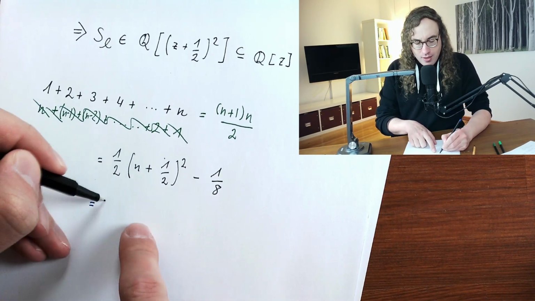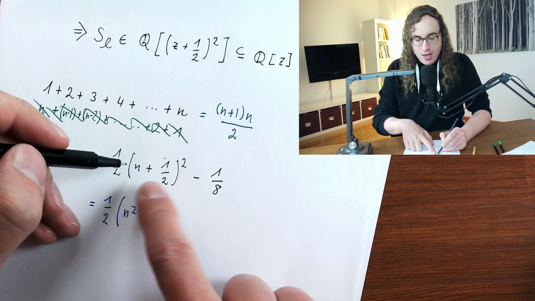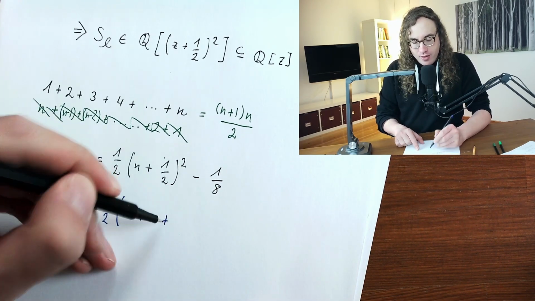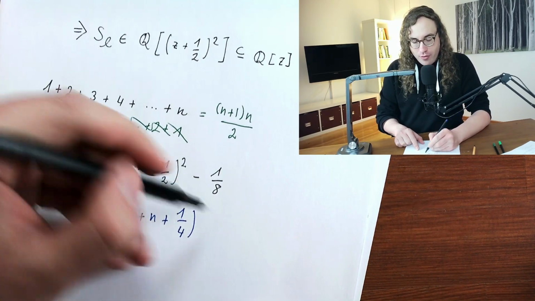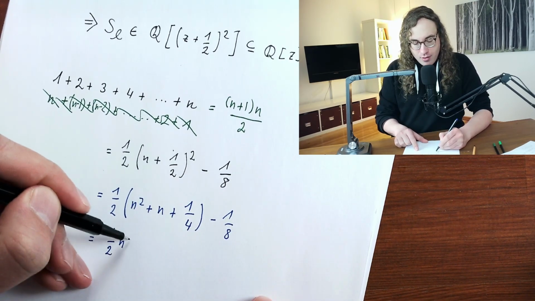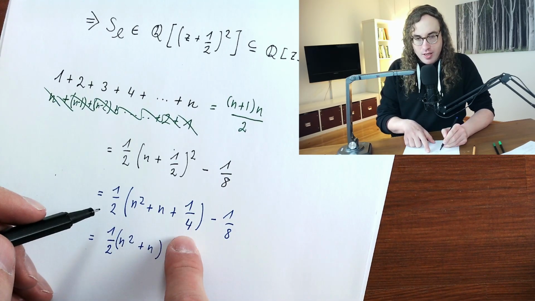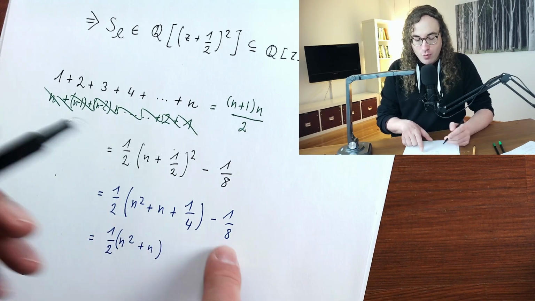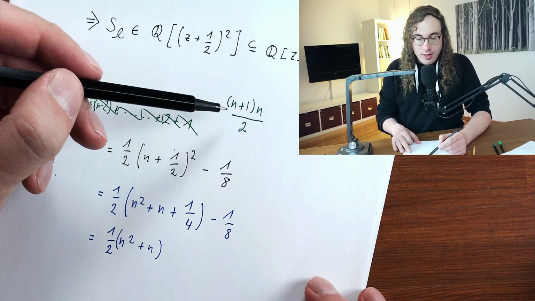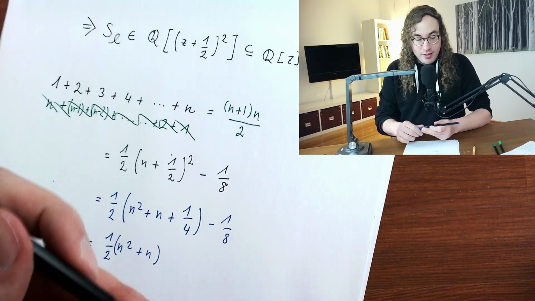So this is 1/2, and now binomial formula: n squared plus 2 times the first thing times the second, so this is n, and then the square of the last term, this is 1/4, so minus 1/8. If I simplify, this is 1/2 n squared plus n, plus 1 divided by 8 minus 1 divided by 8. So I get exactly this expression, which clearly is the same one as I have up here. So completing the square gives me this identity.